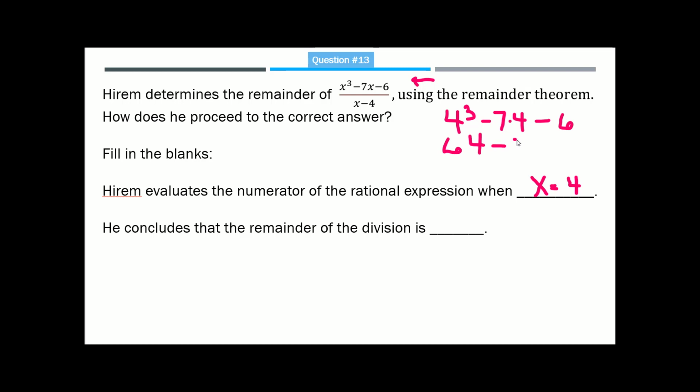Minus 7 times 4 is 28. Minus 6. Go slowly. 64 minus 28 minus 6 is equal to 30. So that would give us the remainder of the division if I divided this into this.